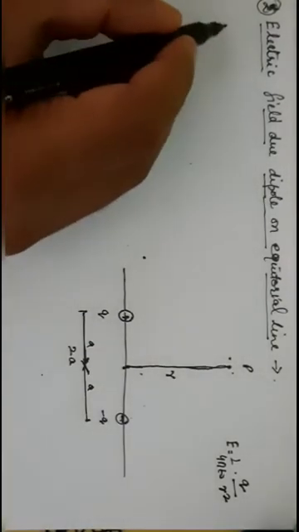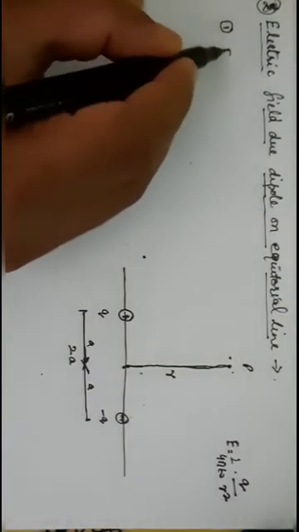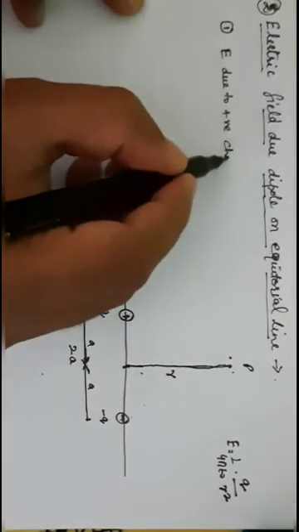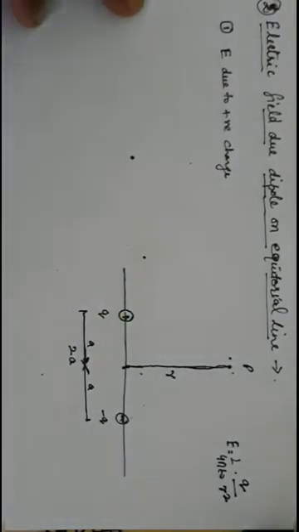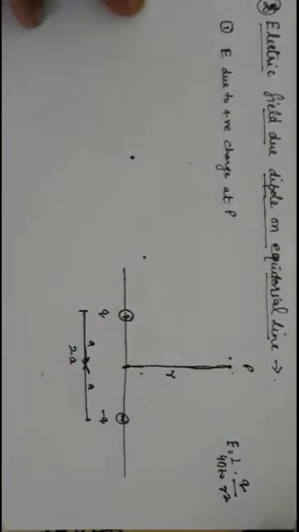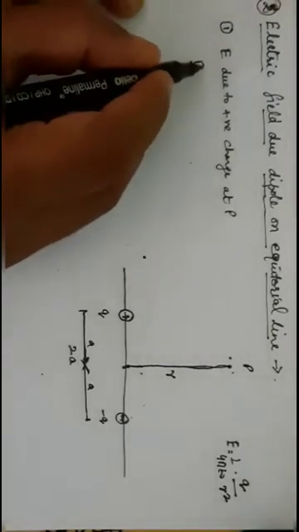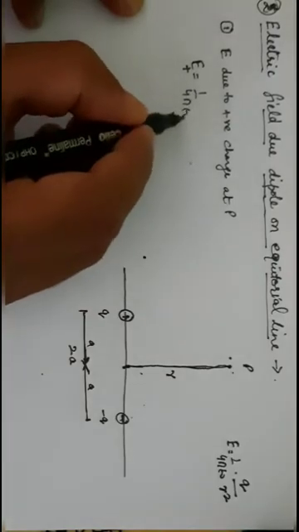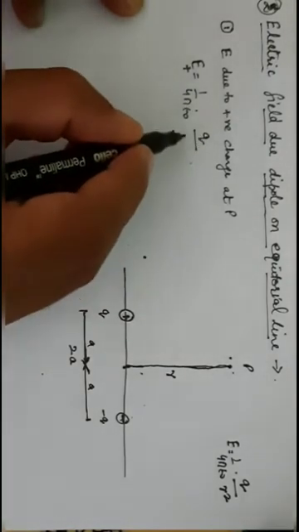First, we will calculate the electric field due to the positive charge of the dipole at point P. We know that the electric field due to a point charge is E plus is equal to 1 upon 4 pi epsilon naught Q divided by r square.